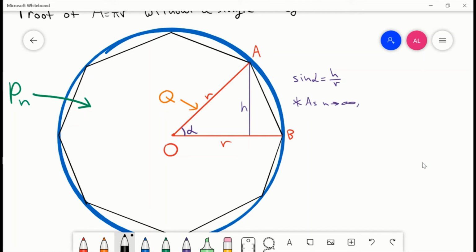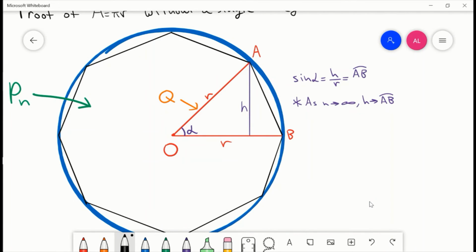As n gets really large, h approaches this arc length AB right here. Now, why is this so? Well, as n gets really large, this segment AB closer and closer approximates this arc length. And this side length h, the foot of this altitude, gets pushed closer and closer to B. So h approaches AB, which in turn approaches the arc length.